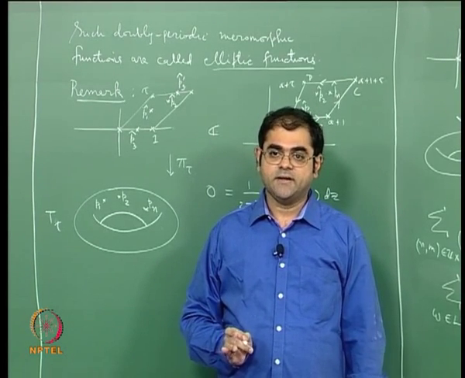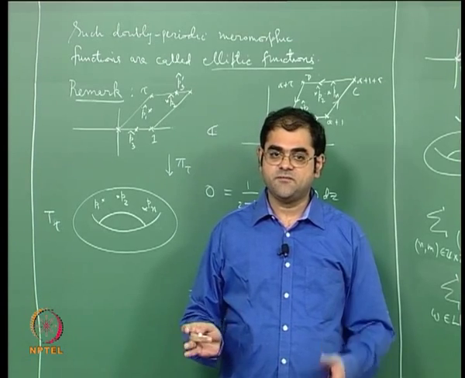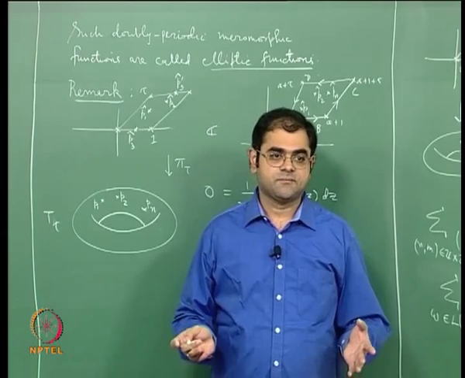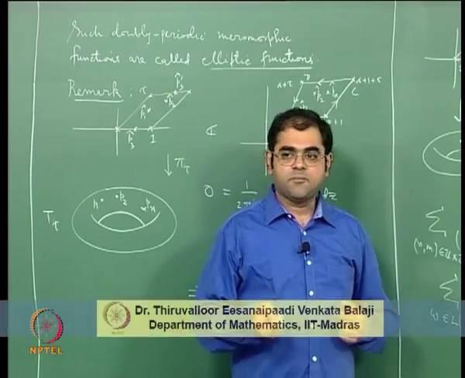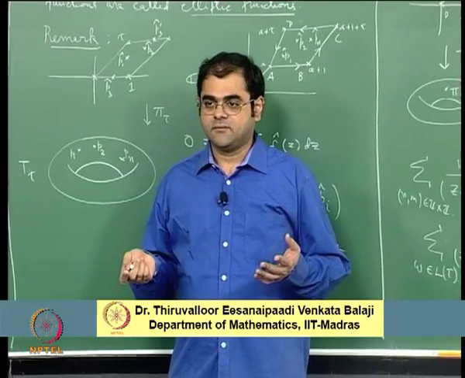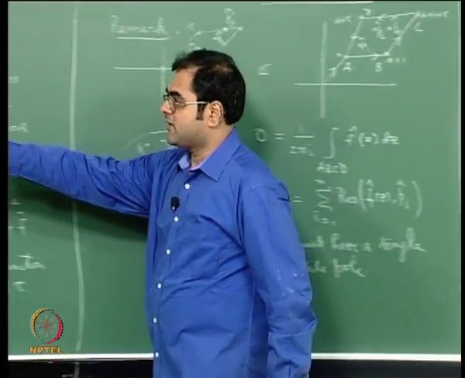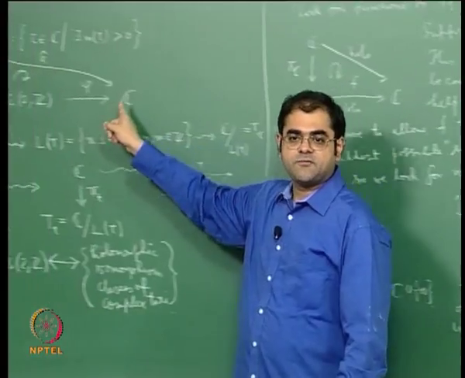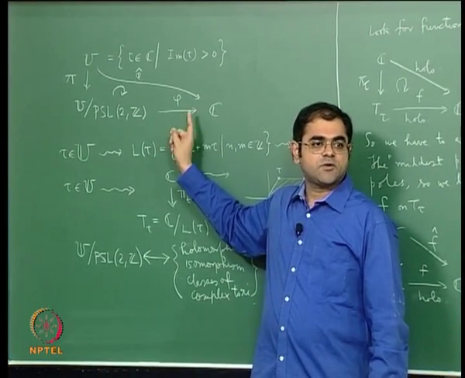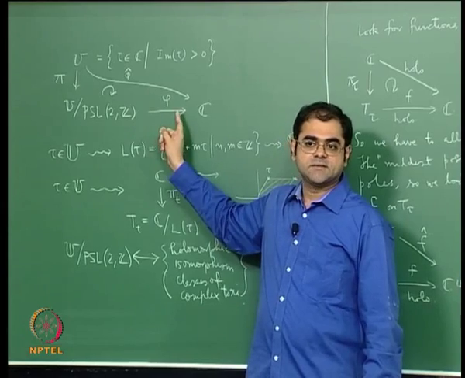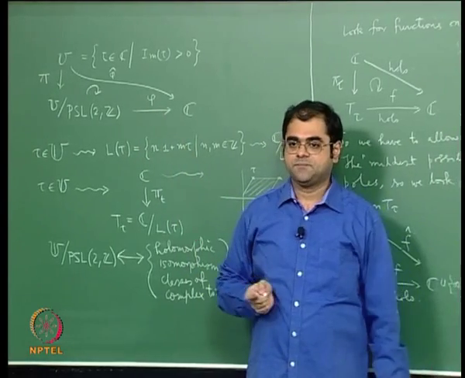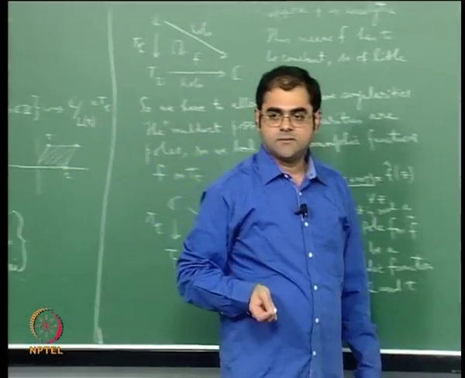You will get different phi functions. So this phi function distinguishes them, and this is the starting point of trying to find an invariant for tori, which is what we are trying to search for. We are trying to find a complex invariant for every holomorphic isomorphism class of torus. So this is the starting point, and we will continue in the forthcoming lectures.